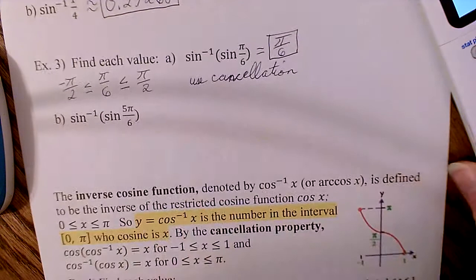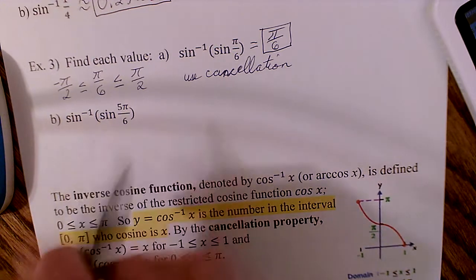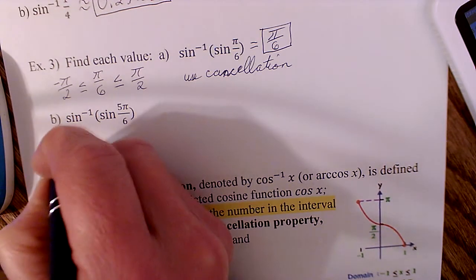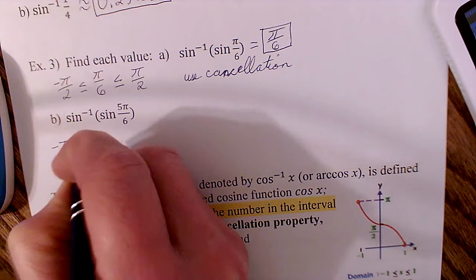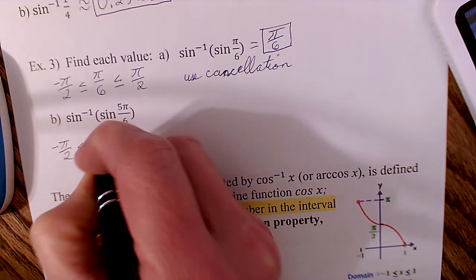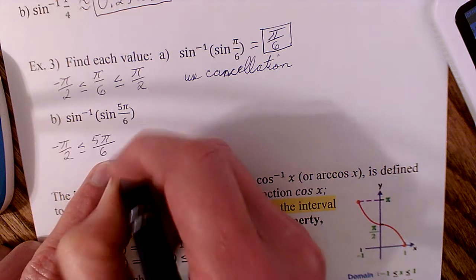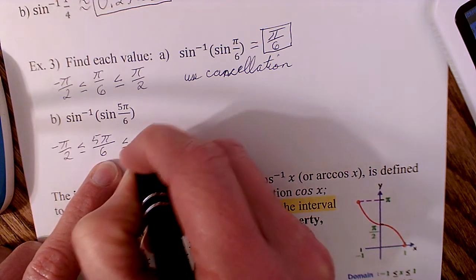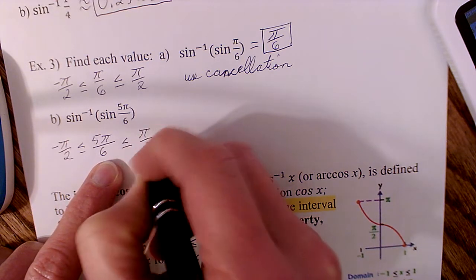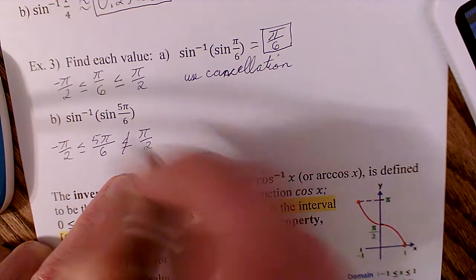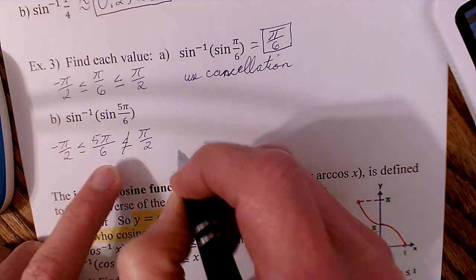What about this next one where we want to know the inverse sine of the sine of 5 pi over 6? So let's make sure it's in the acceptable range of numbers that we're allowed to use. Let's see. So yeah, negative pi over 2 is less than or equal to 5 pi over 6, but it is not less than pi over 2. So that part didn't work. So we cannot use cancellation.